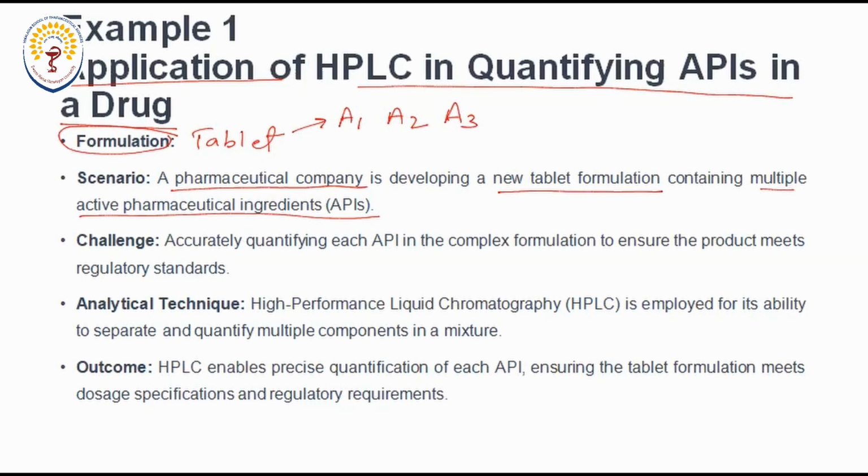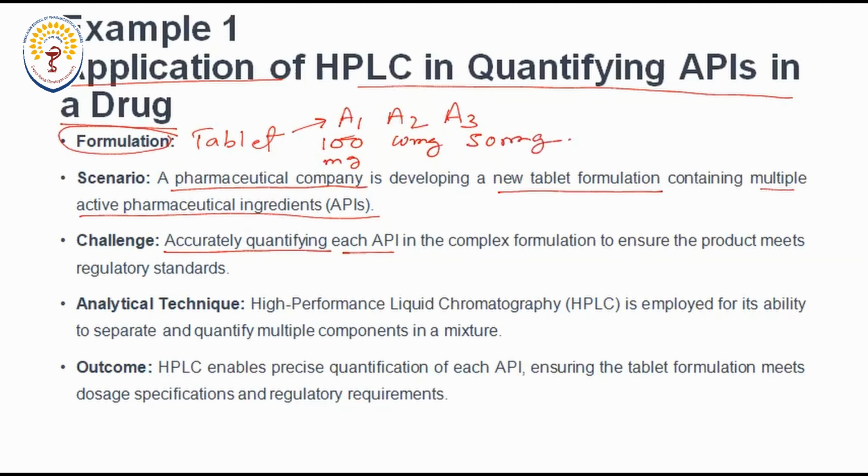Now our challenge is that we want to accurately quantify each API. We want to check what amount of A1, A2 and A3 is present in the sample. For example, let us say it is expected that A1 should be 100 milligram, A2 should be 10 milligram and A3 should be 50 milligram.